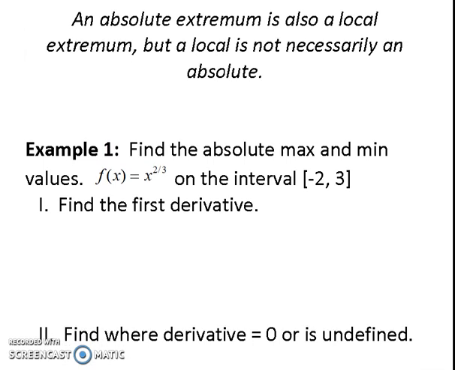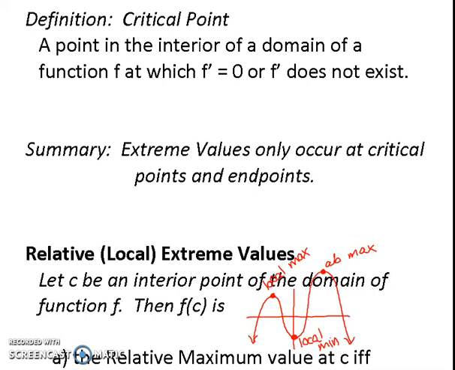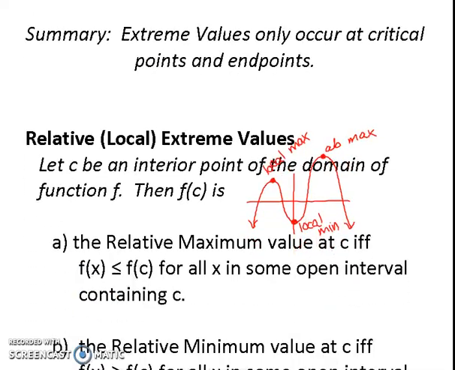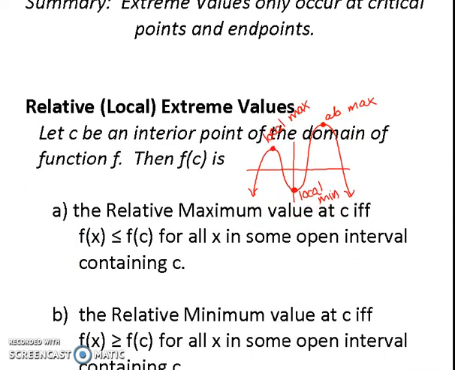Also, you need to understand that an absolute extreme is also a local extreme, but a local is not necessarily an absolute. For example, going back to that picture, this point right here where I had the absolute maximum is also considered a local maximum, because local to its area is the maximum.